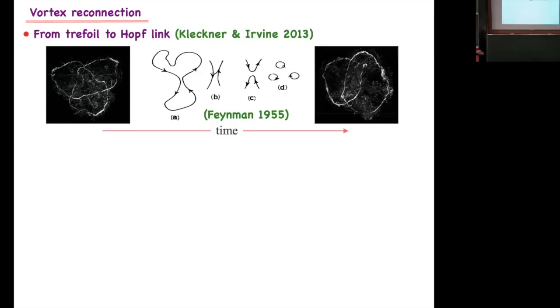Suppose that this is red, this is blue. When it reconnects, you see what happens. It takes a little part from the blue and the little part joins with the red. So it's visible here. The red and the blue are anti-parallel. That's right. They are anti-parallel because there is an axis of symmetry. It's like a mirror image of one another. That's why they travel one against the other. Otherwise they would travel parallel.